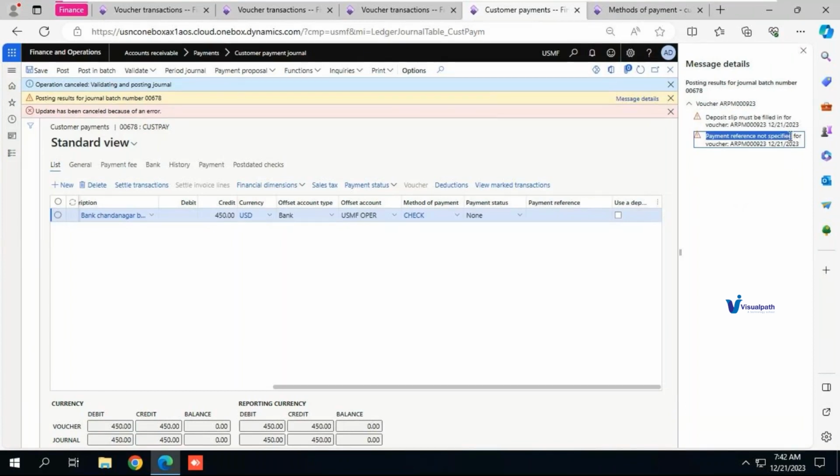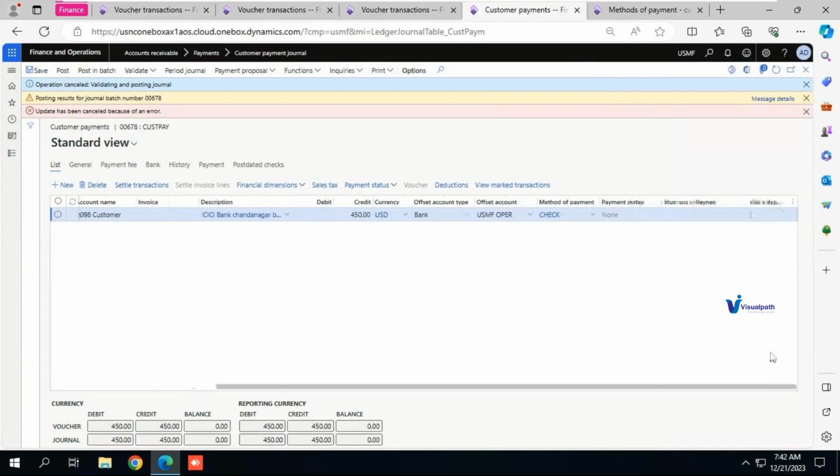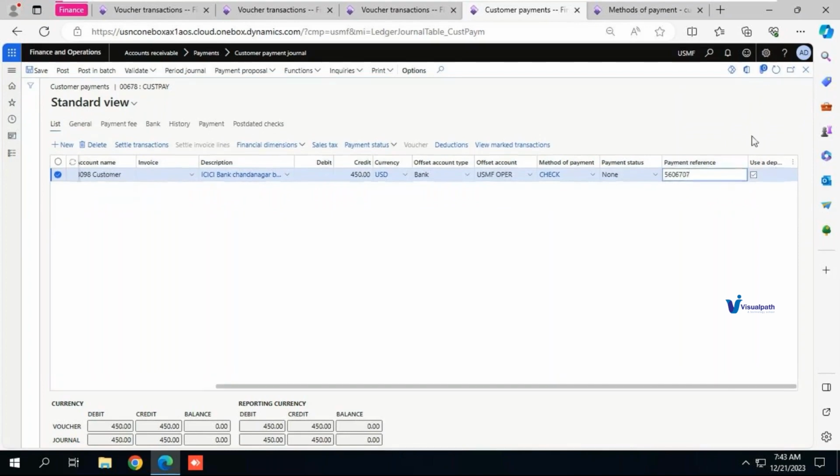You need to understand, and once you understand, then you act on it. I need to enable this one. Then I understood and acted on this message. Now I am closing this warning and error message, and now I am trying to post.